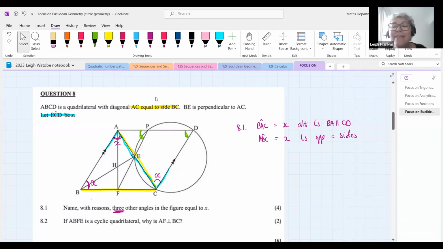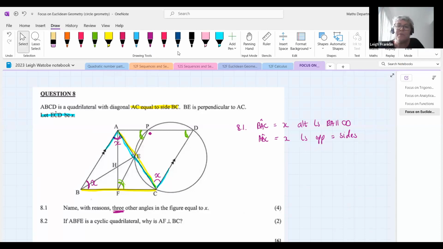Ooh, we're getting closer. Let's see who said that. Lumelo. AFC, so that would be that angle over there. All right, Kutlwano, you were saying, can I say angle D equals X because of corresponding angles? DPF, says Lesedi. Okay, so that would be this angle over here, DPF.